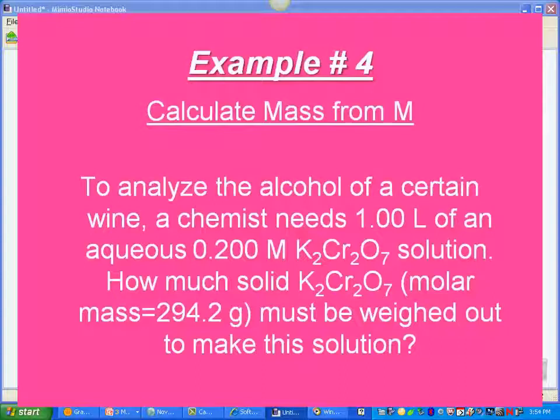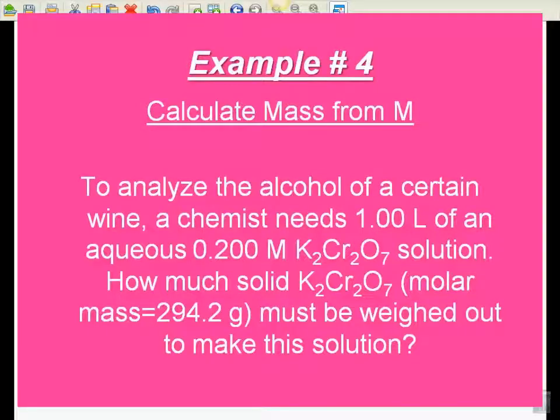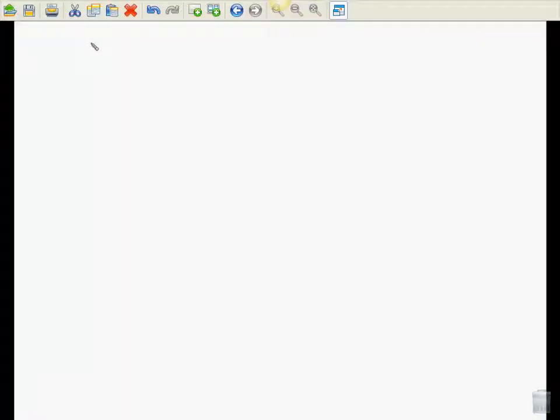All right, now we're ready to do example 4. Example 4 takes us through the last part, which is if you have a basic big M equals moles over liter equation and they want you to get to grams. They're giving us this potassium dichromate and they want us to figure out how many grams are produced.